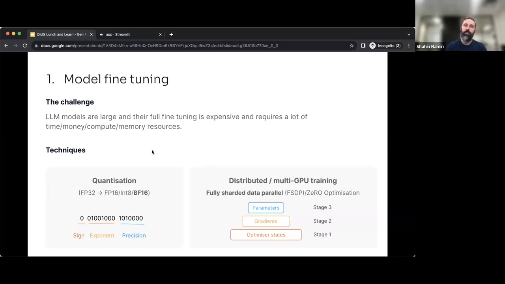What we've seen in practice is that bfloat16 is extensively used these days. The way it works is that the first bit is reserved for the sign of the number. The next 8 bits are for the exponent, and the last 7 bits are kept for the precision of the number.